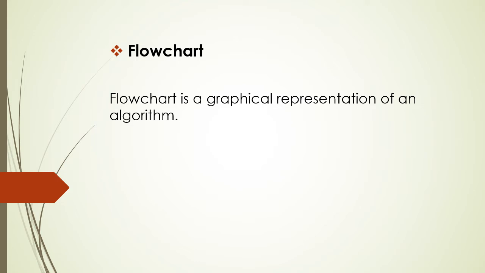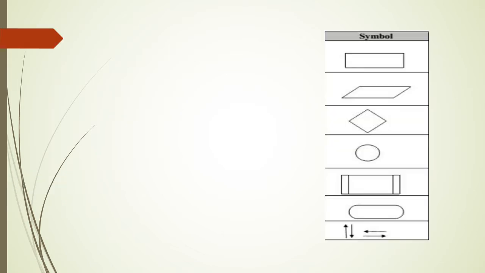A flowchart is an important tool for understanding a process by providing a graphical representation. Flowcharts use special shapes to represent different types of actions or steps in a process. Lines and arrows show the sequence of the steps and the relationship among them.